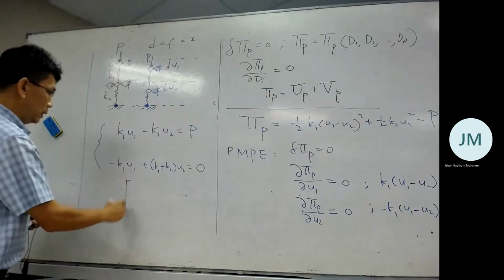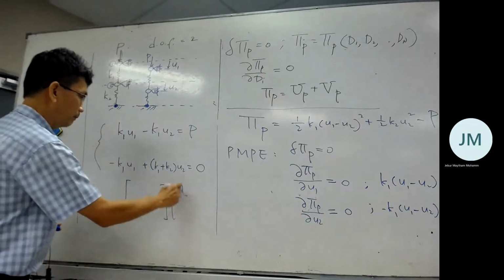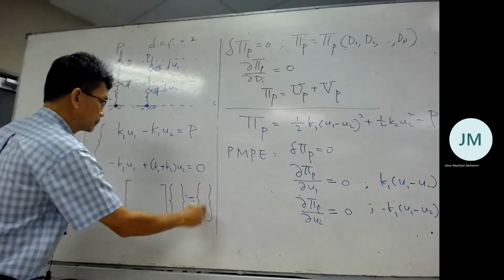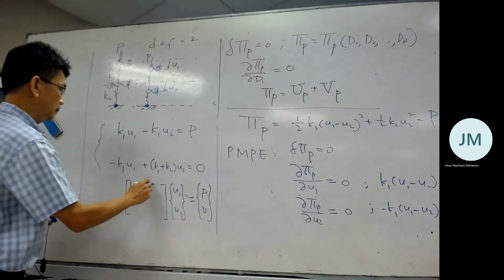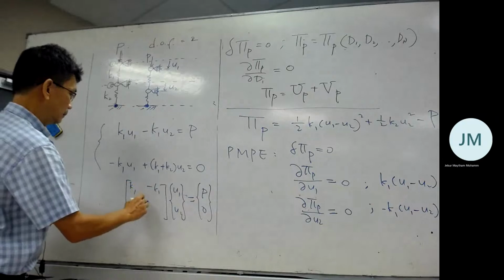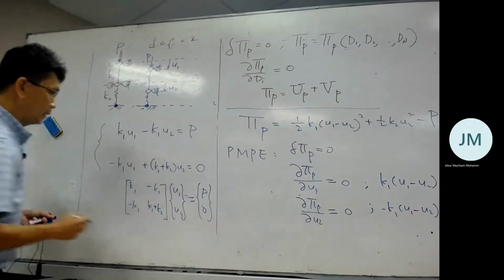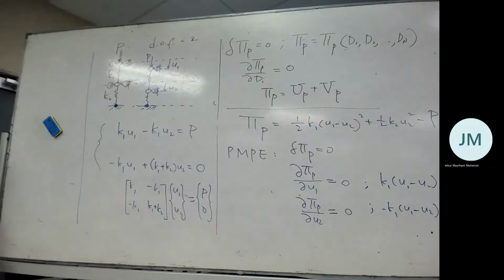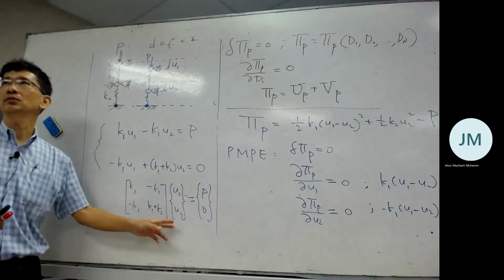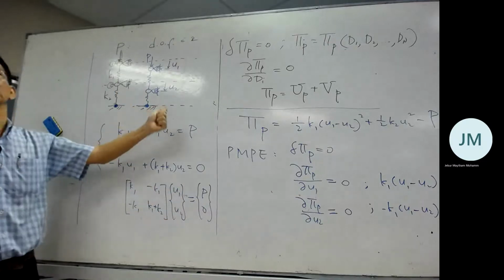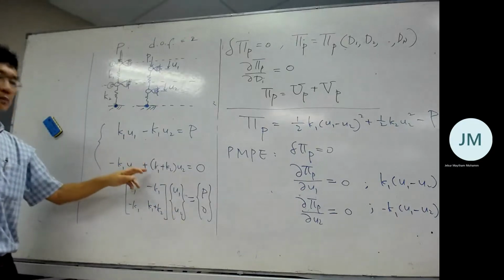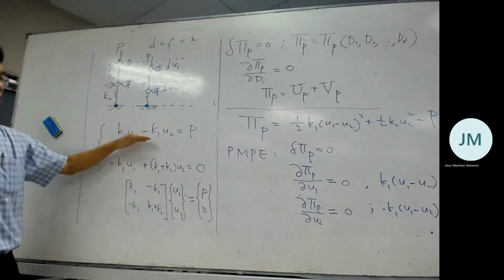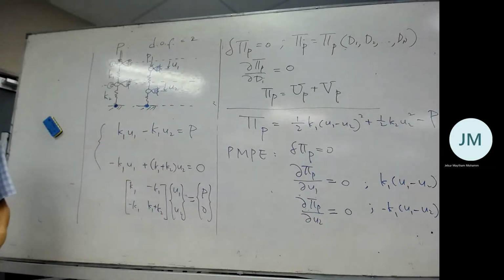You can put it in matrix form, solve it, and then you get U1 and U2. So the principle of minimum potential energy gives us directly the solution U1 and U2. These are the two equilibrium equations that we need to solve.